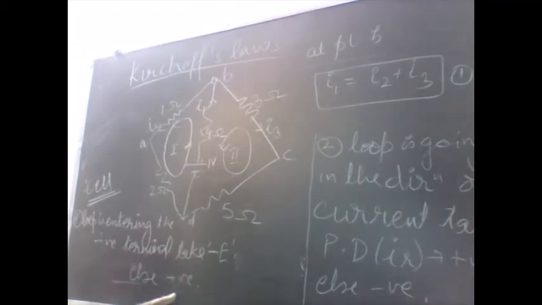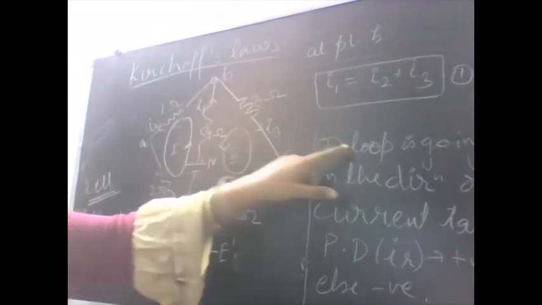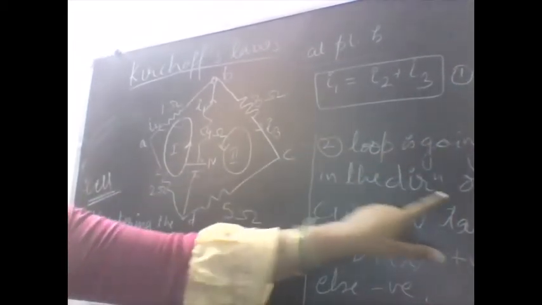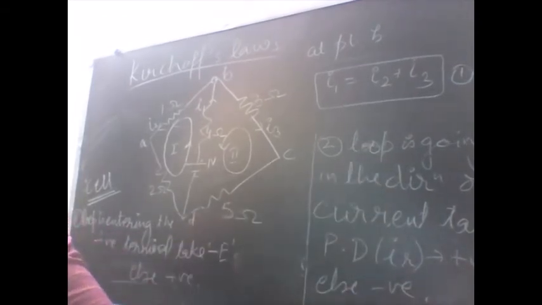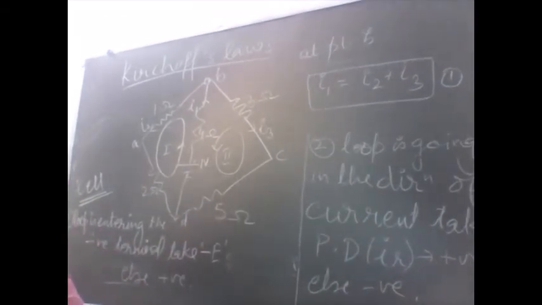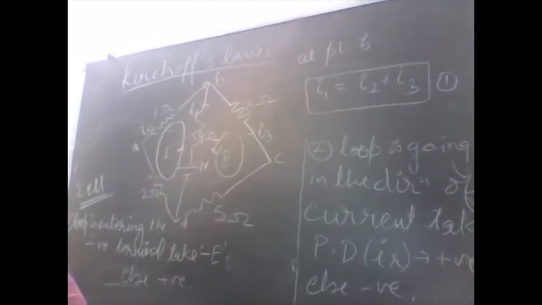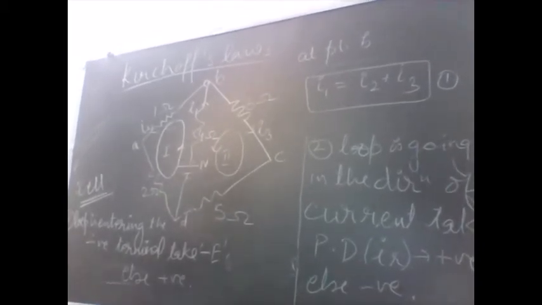Else take positive means that if the loop is entering the positive terminal, then take the EMF offered by the cell as positive. The second convention is, if the loop is going in the direction of the current, take the potential difference as positive, else take it negative.